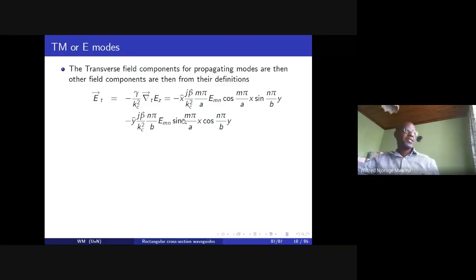Now, for the guy who was asking about superposition of the waves now propagating in the minus Z direction, you can see now the weirdness that will appear. We already have two components that we have to deal with, that is the X component and the Y component.